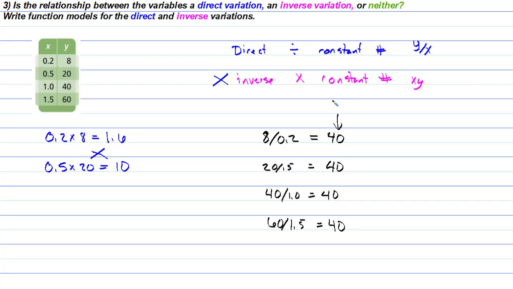So my k again is 40, but this time I need to use my direct variation formula, which is y equals kx. So y is equal to 40x, and this is a direct variation.